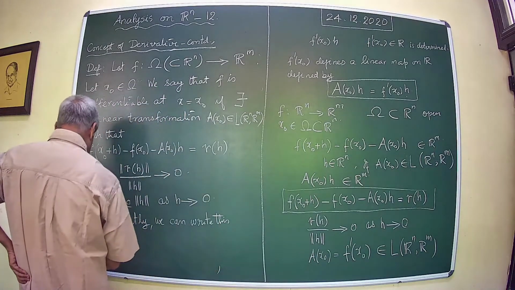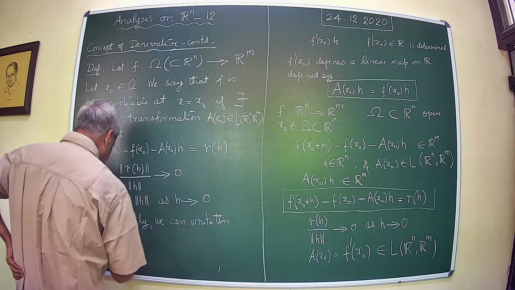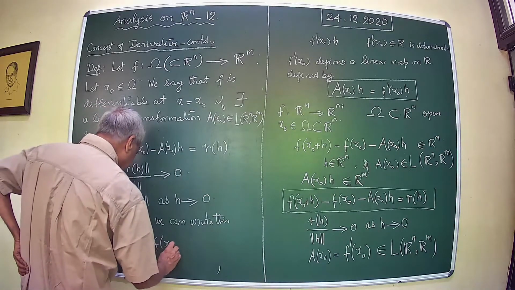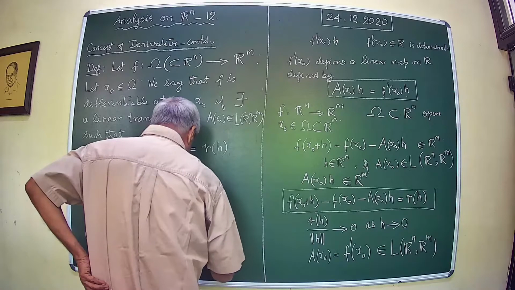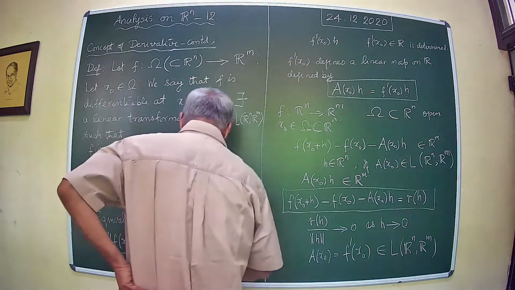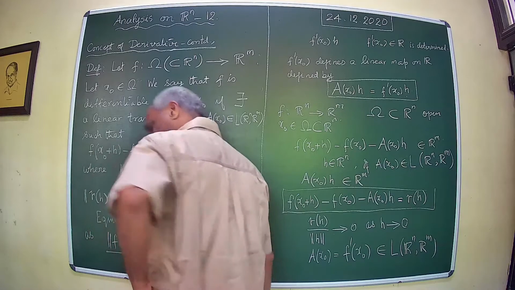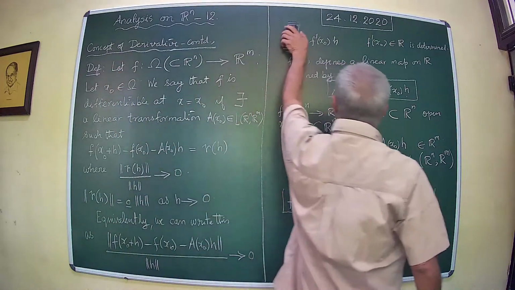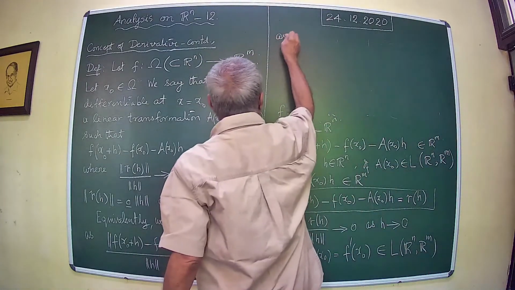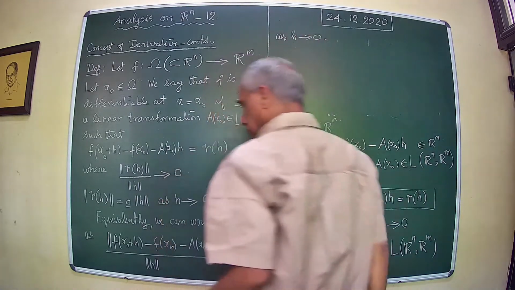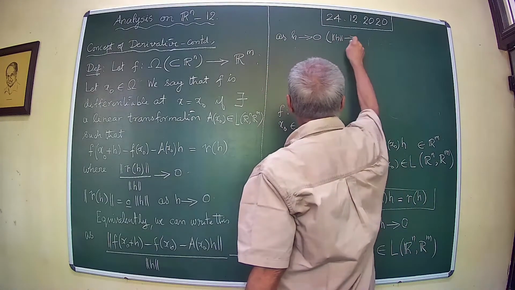equivalently, norm of f of x naught plus h minus f of x naught minus A x naught h goes to 0 as h tends to 0, or norm of h tending to 0.